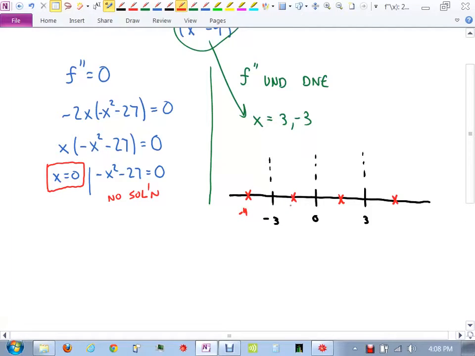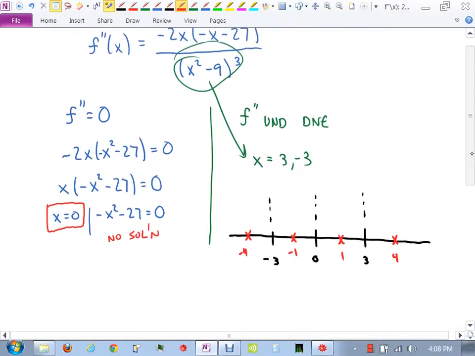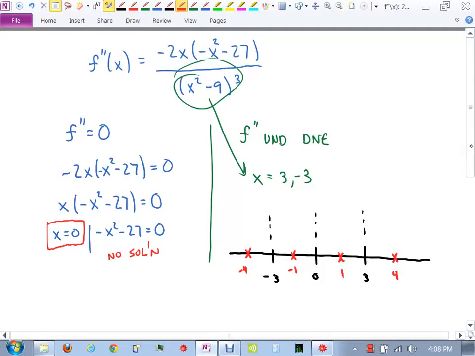I'm going to pick -4, -1, 1, and 4. And where am I plugging those in? Second derivative, right? Let's plug in -4. I'm going to do it up here so we can see it. What is f double prime of -4? We get, see, -4 times 2, it's going to be 8.